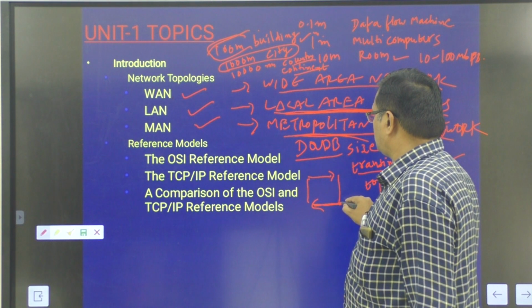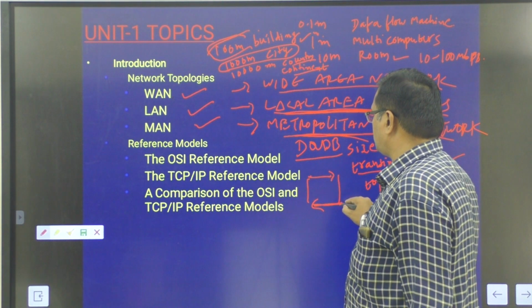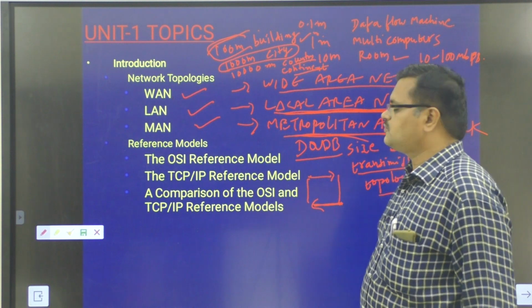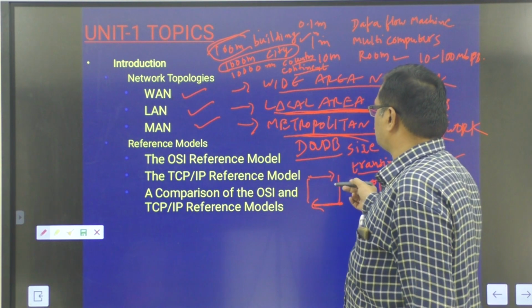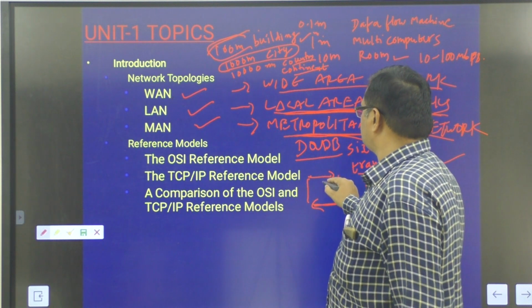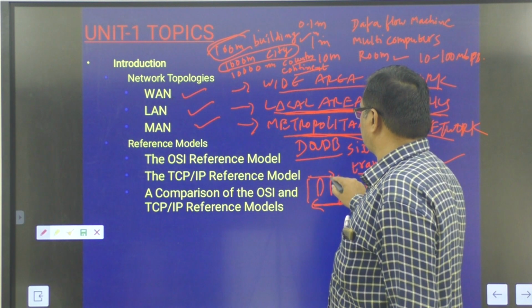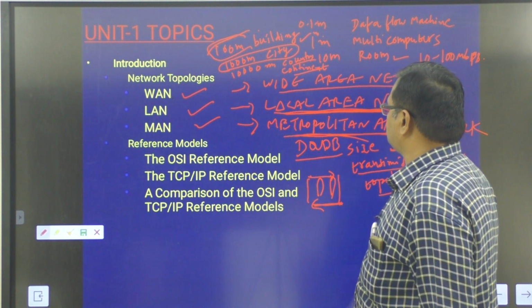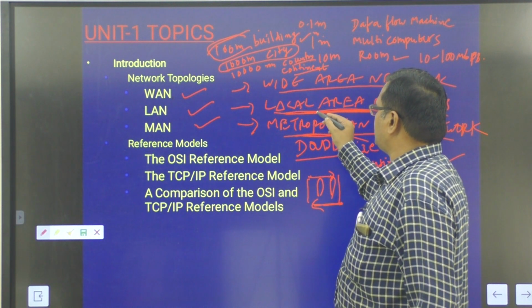We can transmit the data either from the top left corner or from the bottom right corner. That is nothing but a DQDB, the distributed queue dual bus, like this. So this is about the metropolitan area network.